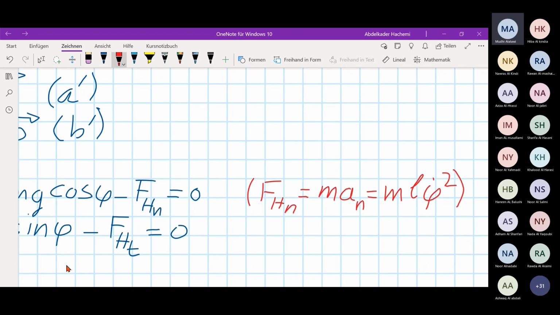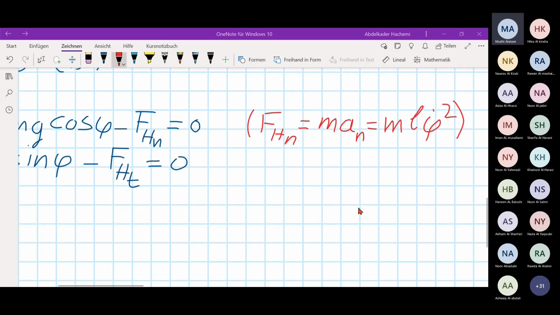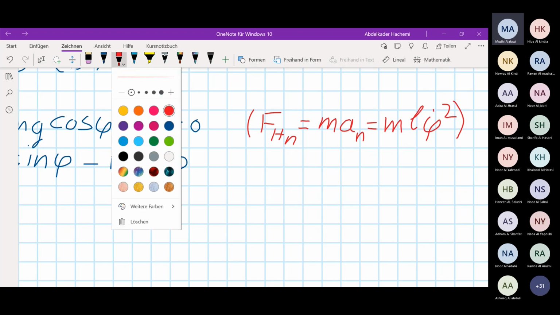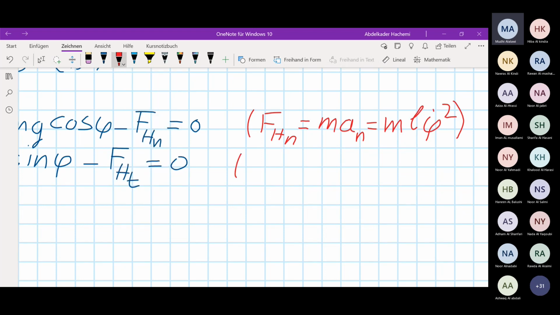This is what we got as the previous one. The normal acceleration comes from the kinematic relation. Now, if we look at the force in the tangential direction, F H T, this will be M multiplied by the tangential acceleration, and this is only m l phi dot dot.